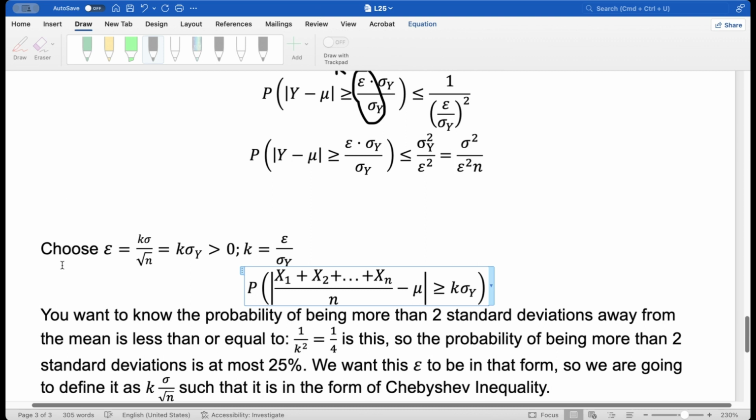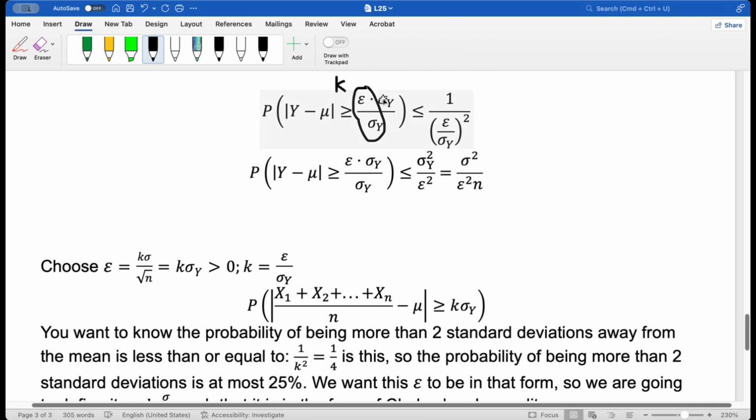So epsilon is equal to k times sigma y. If you divide by sigma y, we get k is equal to epsilon over sigma y, which is what we have in this format here. So 2 different ways to arrive at that point.